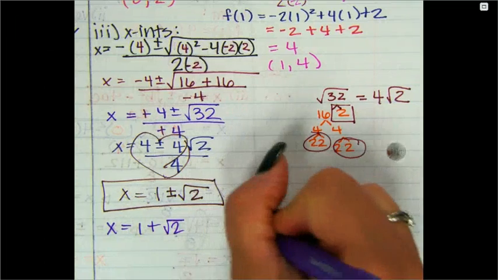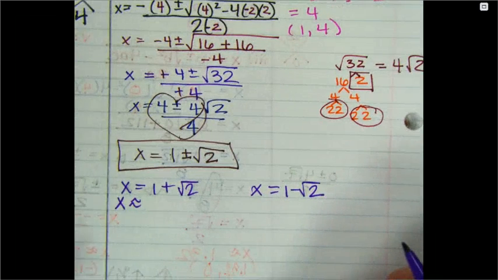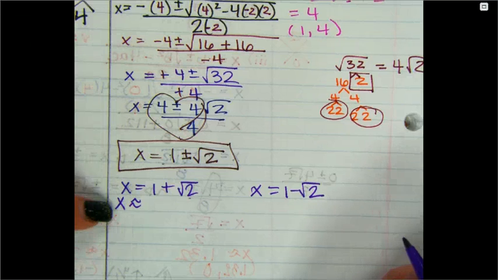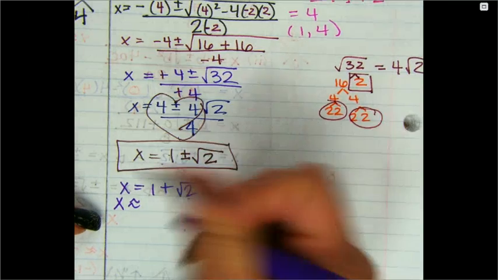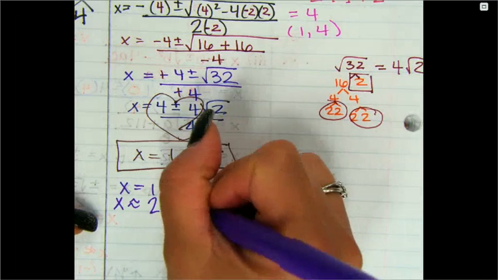As a decimal, x is approximately what? What'd you get? 2.4? 1 comes next? Okay.